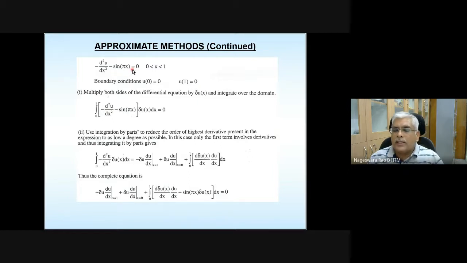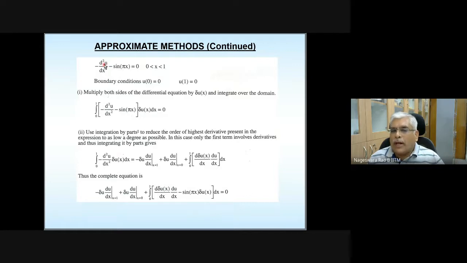So with that, given this differential equation, the first step in variational method or Rayleigh-Ritz method is to be very clear what you are trying to solve for, what you are trying to approximate here. I'm trying to approximate u.